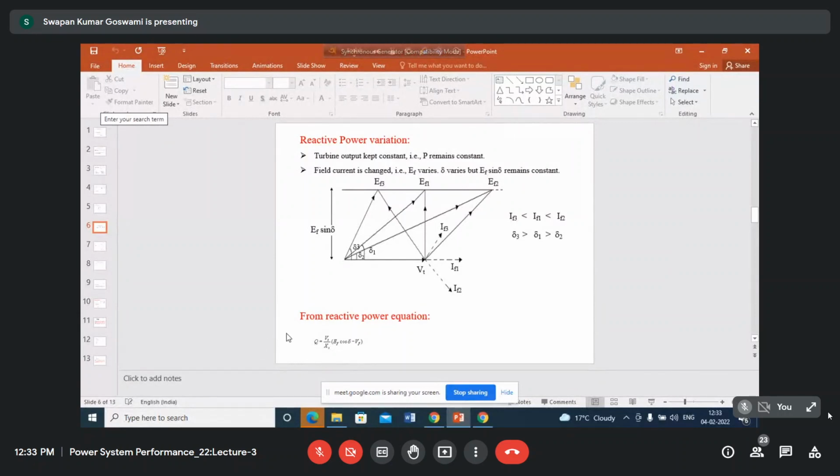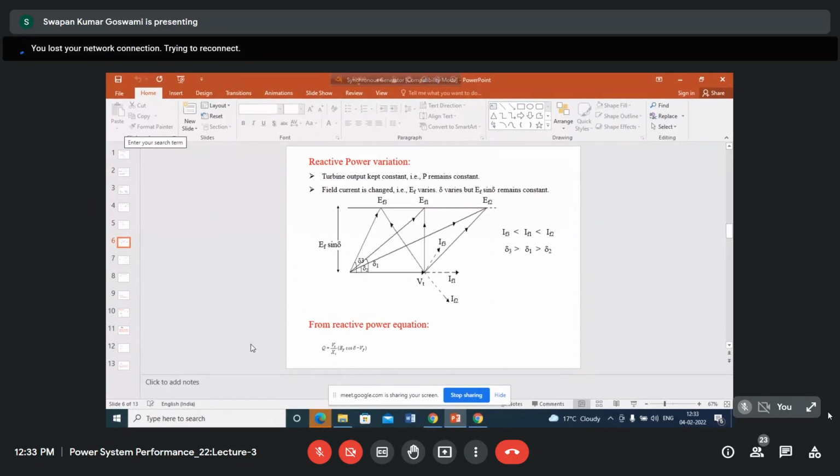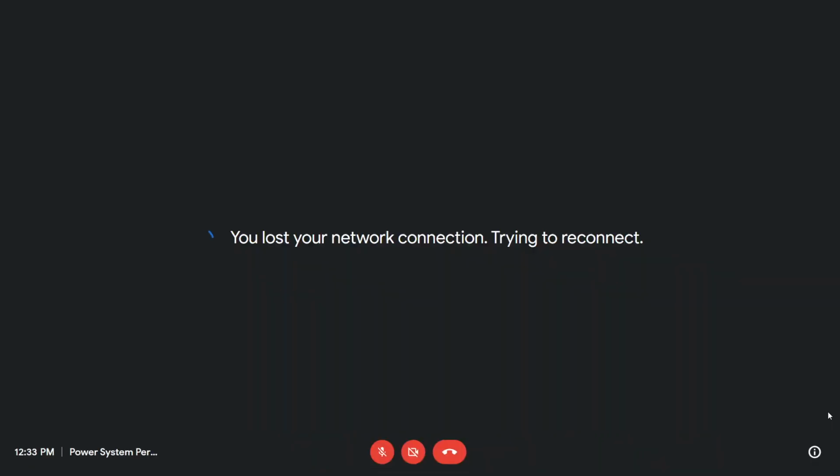Field current corresponding to this is such that the generator is not consuming any reactive power.